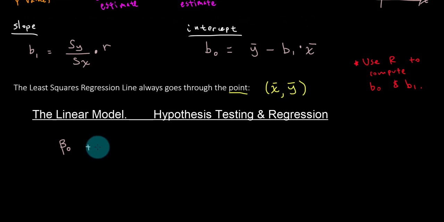However, that sample data is used to estimate the parameters of the slope and intercept. And here, the appropriate notation would actually be the mean y value for a particular x value, y given x.